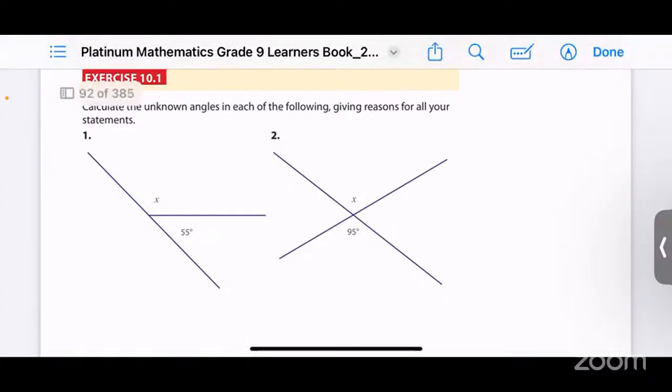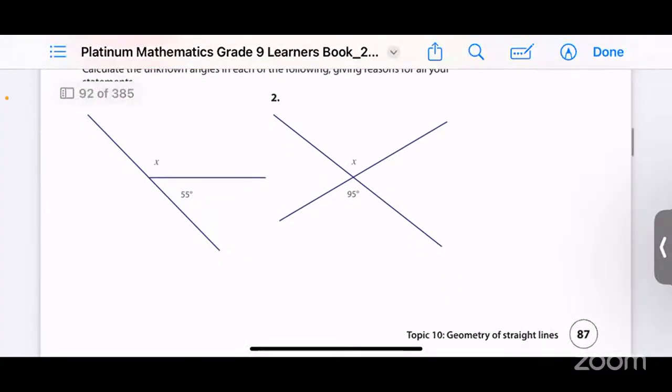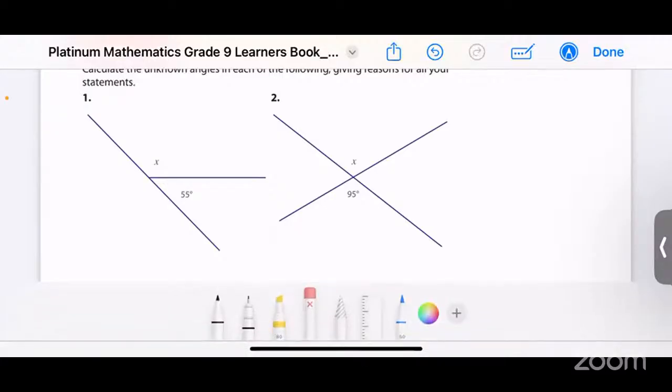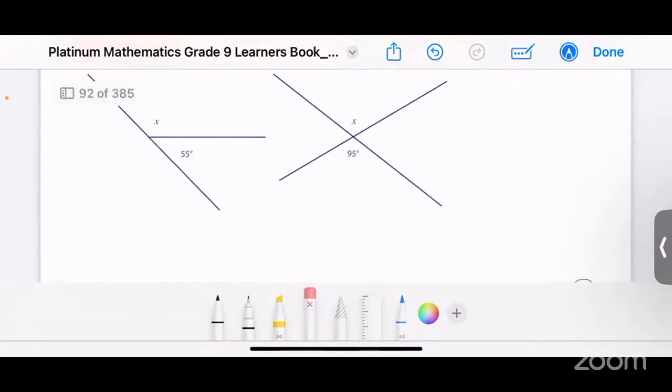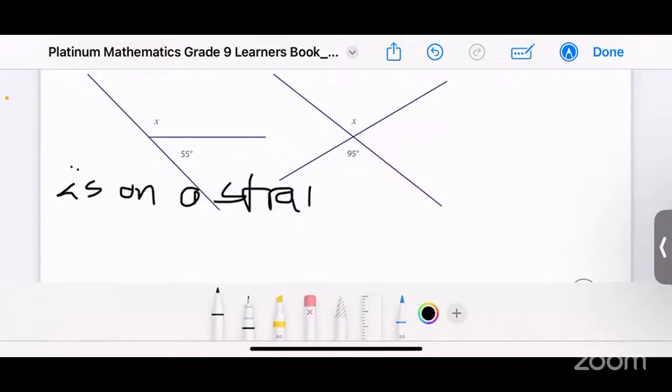Anything that is 180, the condition. Calculate the unknown angles in each of the following, giving reasons. So we are saying the condition is what? Angles on a straight line.